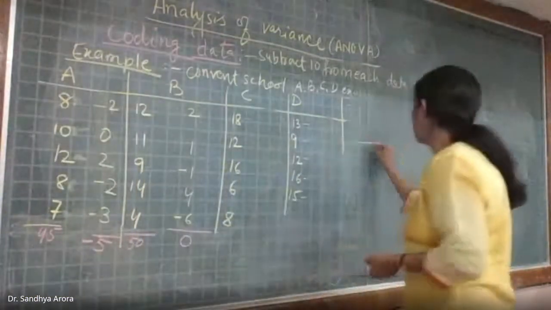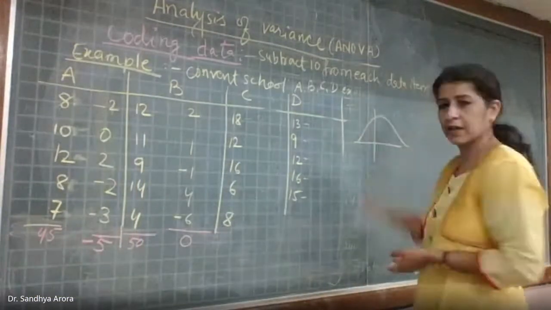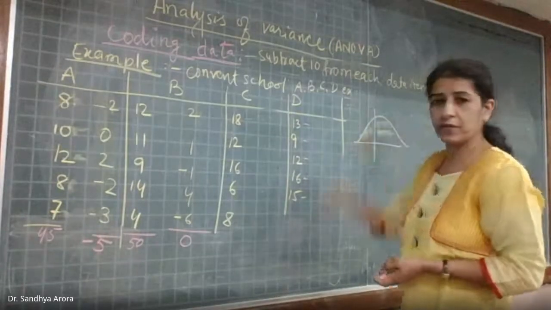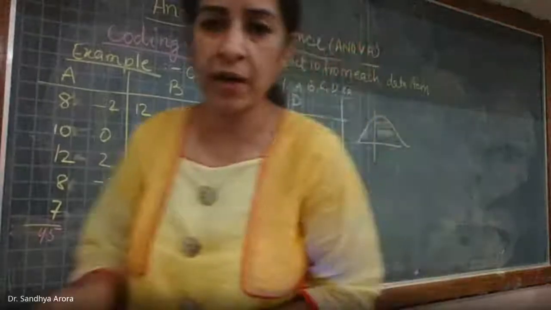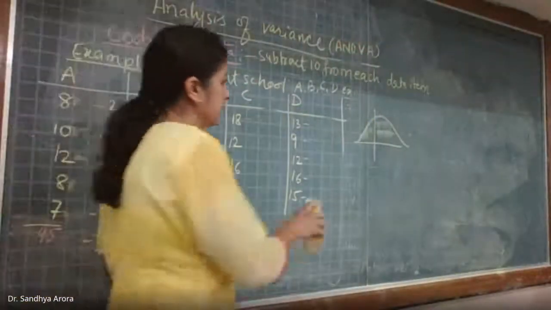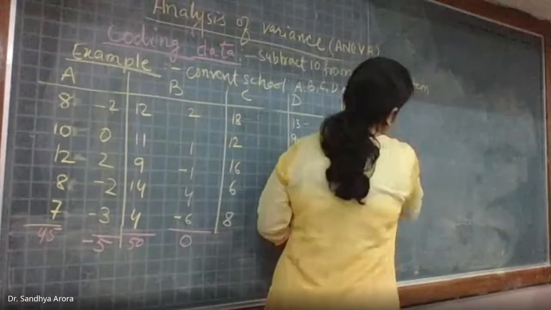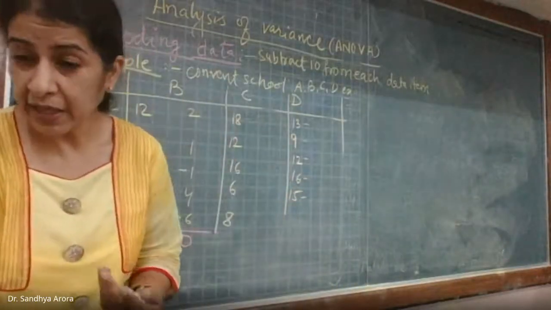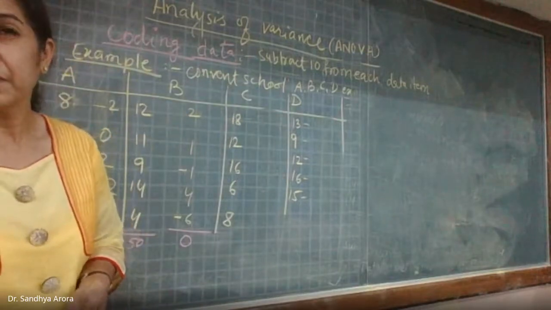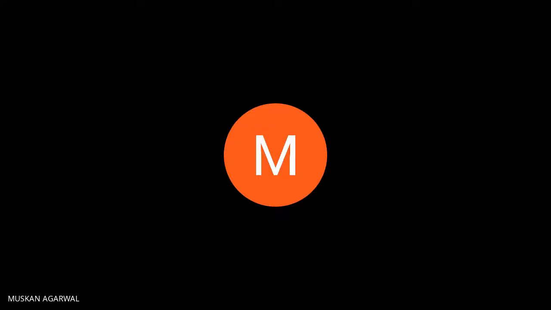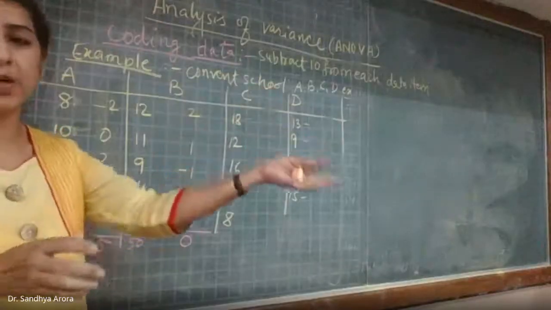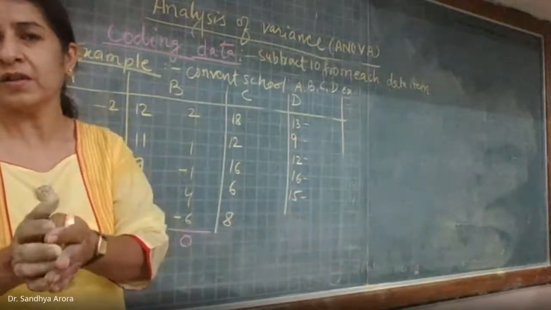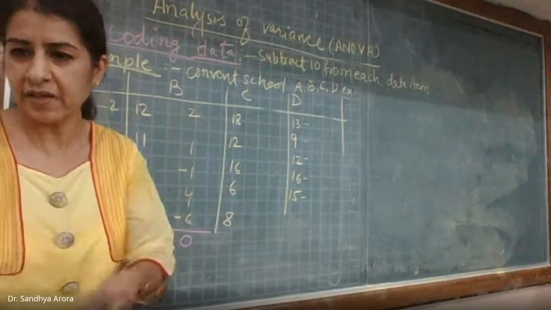How does a normal distribution look? It looks like this, half of the quantities on the positive side. What will be the mean of a normal distribution? It is 0. Half of the quantities are on the positive side, half on the negative side, so the mean is 0.